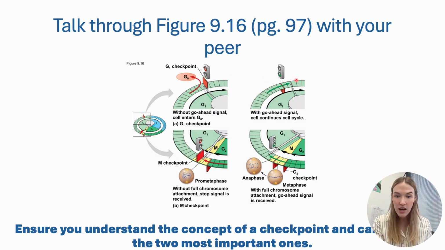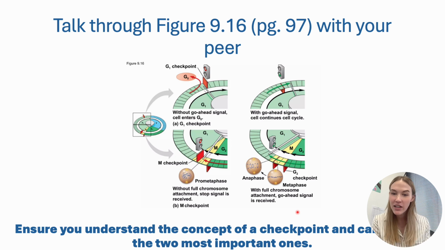The next one I want to talk about is this G2 checkpoint. Before this G2 checkpoint, there's a phase in here that we're not seeing, which is S, and hopefully you remember that S is where DNA is replicated. And so we need to make sure that the DNA was correctly replicated. If it's not, then you can have some really serious problems. That's sort of what G2 is responsible for.